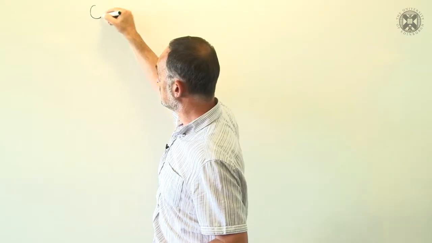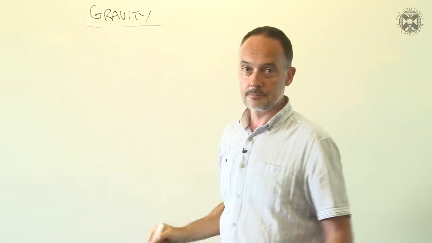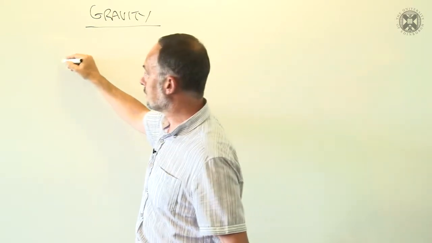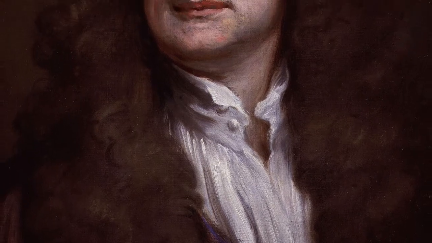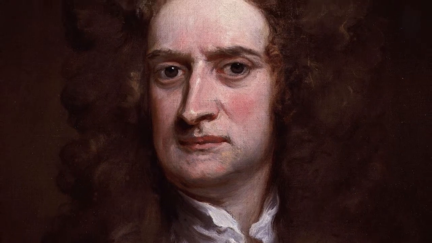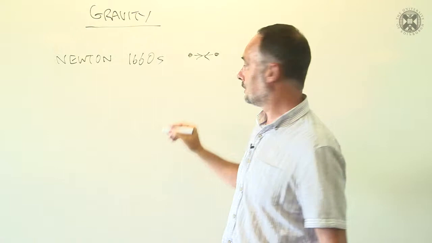Now, to follow the evolution of an expanding universe, we've got to deal with gravity. In many ways, we still use Newton's treatment from the 17th century, that is the inverse square law of attraction.